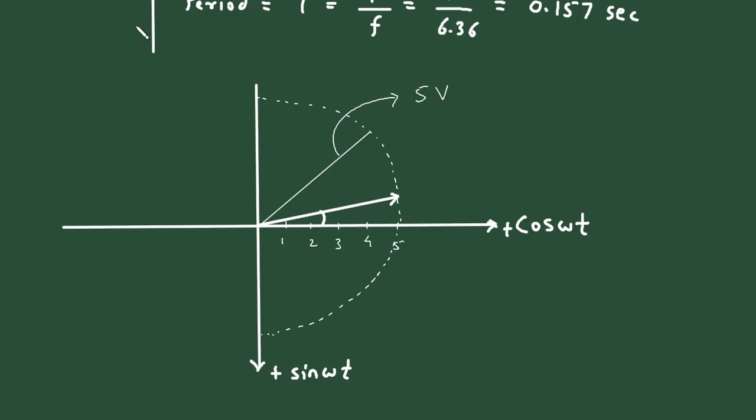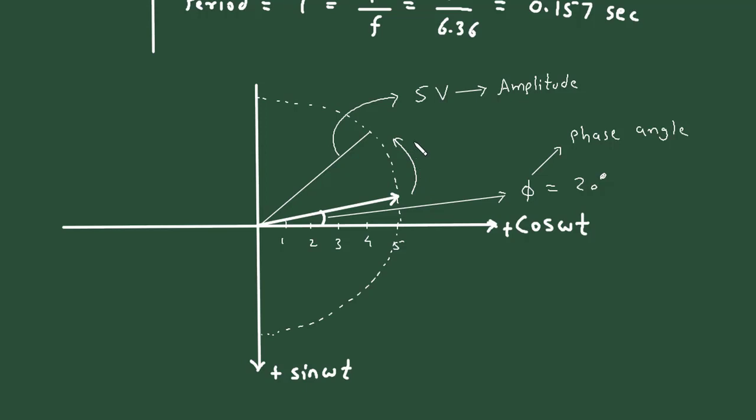The value of this phi is, here we can write phi is equal to 20 degree. This is the phase angle. This is amplitude, and it is rotating in counterclockwise direction. So it will be rotating in this direction.